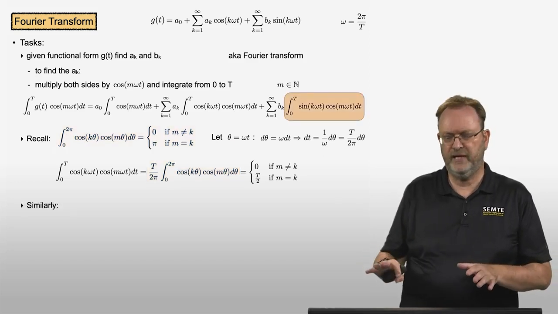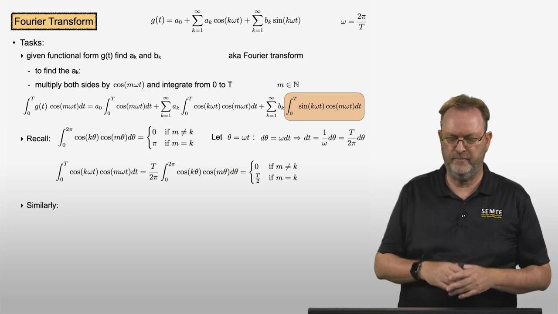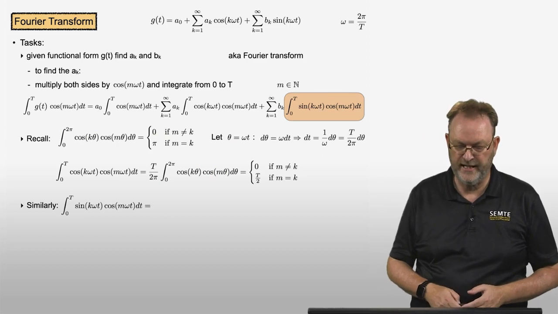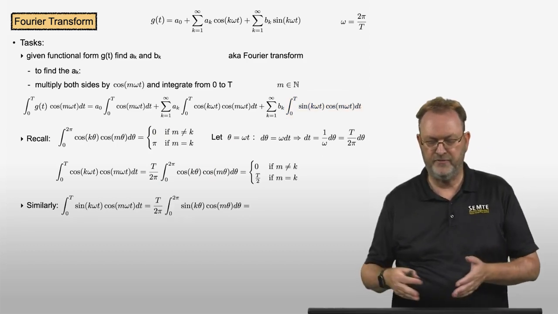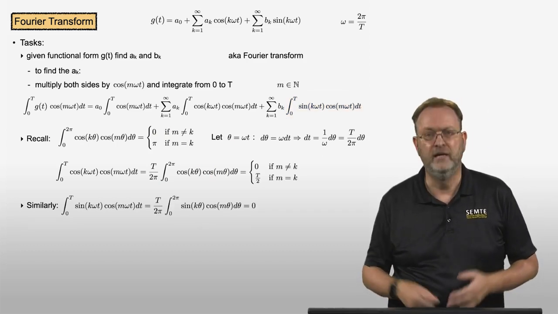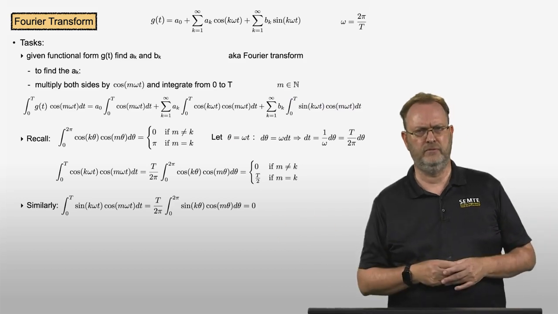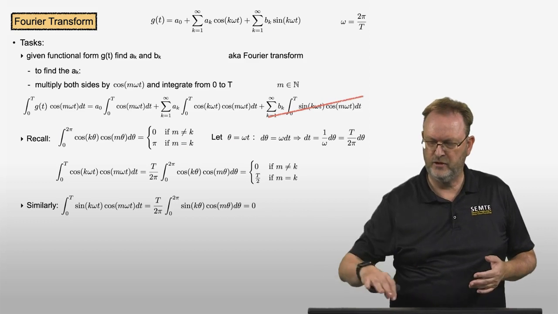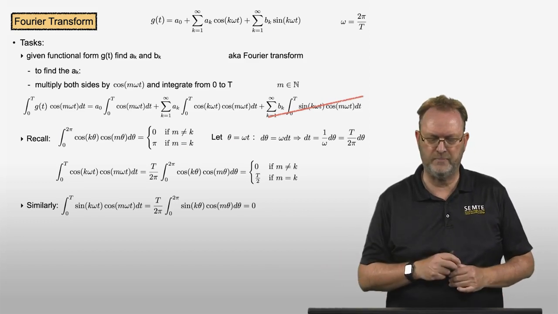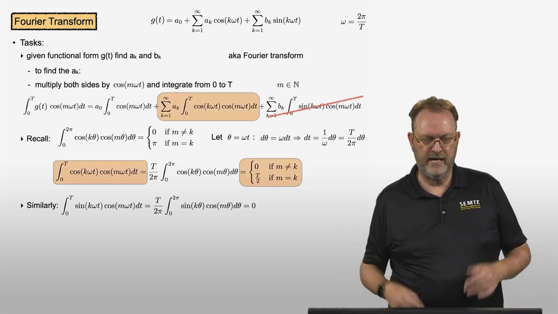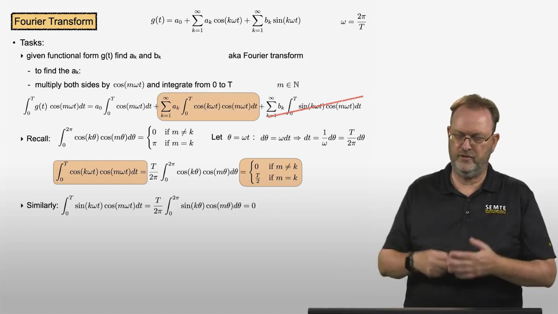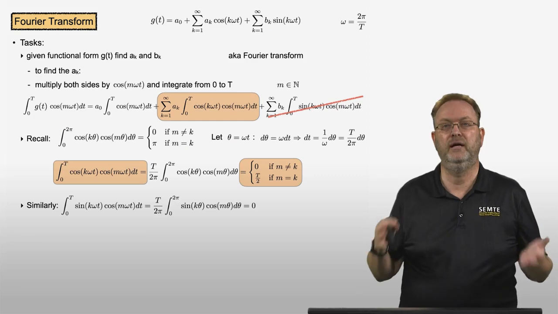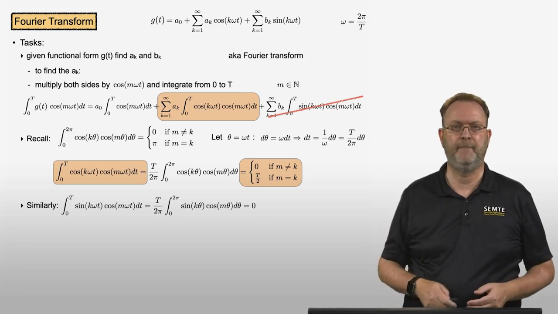Similarly, we can apply a similar trigonometric property to the sine of k omega t times cosine m omega t. If we do a similar coordinate transformation, we'll find that it is always equal to 0. So the sine-cosine term drops out. And I'm left with what? This term over here is always 0 except if m is equal to k.